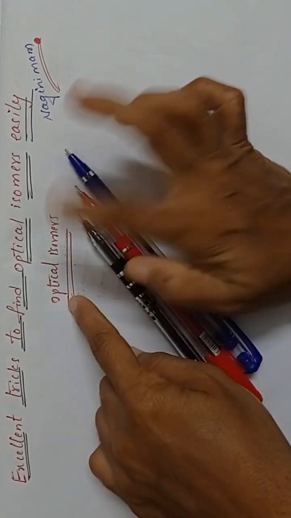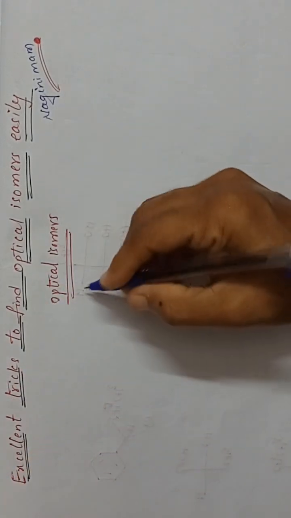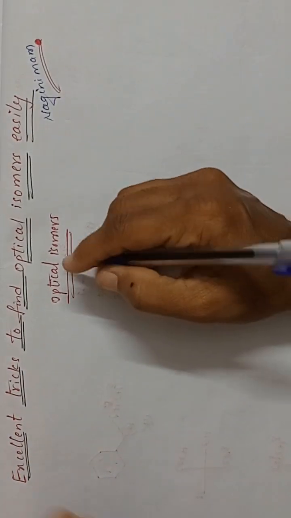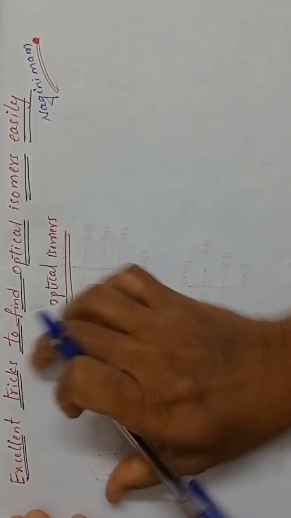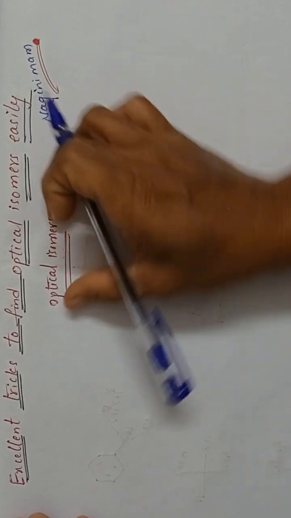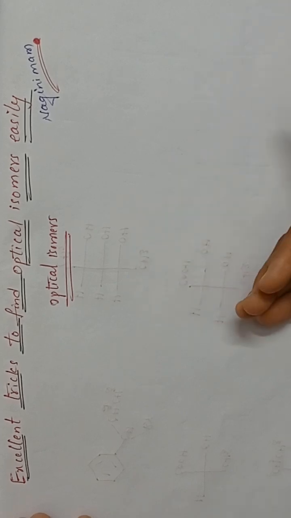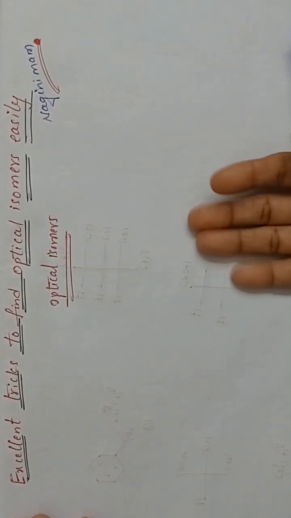See here, optical isomers. If the given compound contains same groups or different groups, if it contains same groups, what are the formulas we have to follow? And next one, if the given compound contains different groups, then what formulas do we have to follow to calculate optical isomers? Clear?